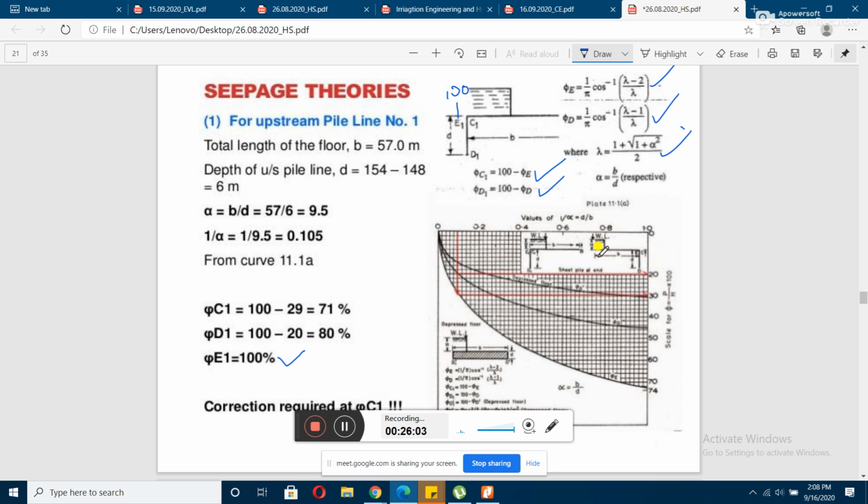I don't know how much you will be able to understand this by this virtual procedure, because you won't be able to see completely how the graphs are utilized. Just try to see it.